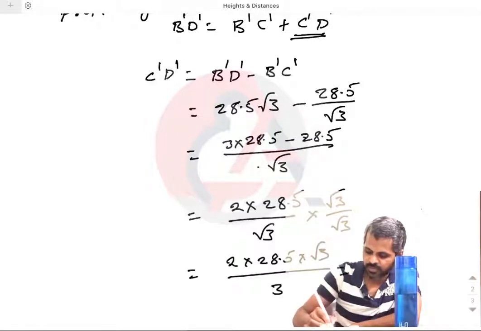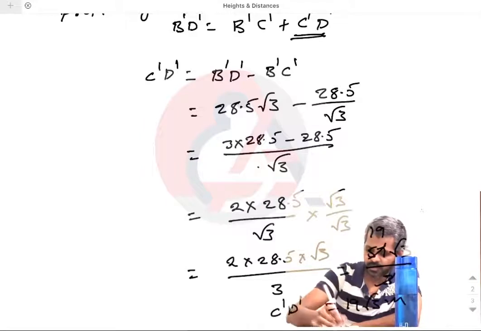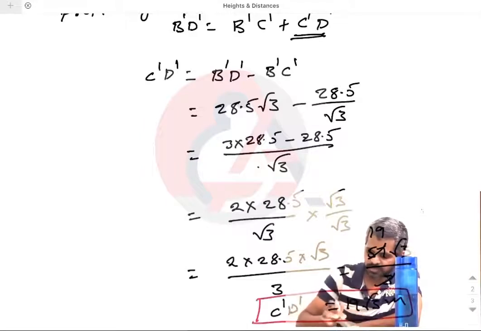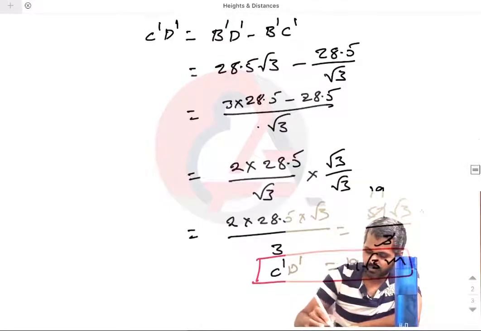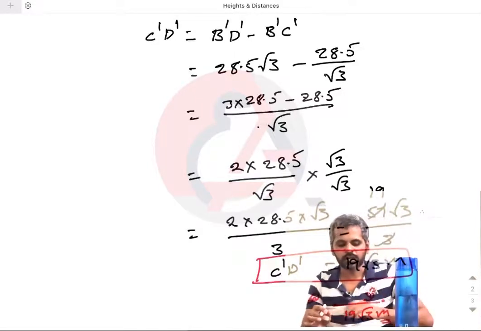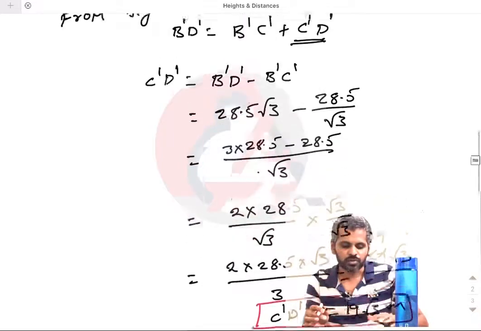This will be 57 root 3 by 3, that is 19 root 3. So the final answer is 19 root 3 meter. C dash D dash is 19 root 3 meter. That means he walked from the initial point to another point, where the angle of elevation changes from 30 degrees to 60 degrees, by walking 19 root 3 meters. This is how we can use trigonometry to solve this situation.